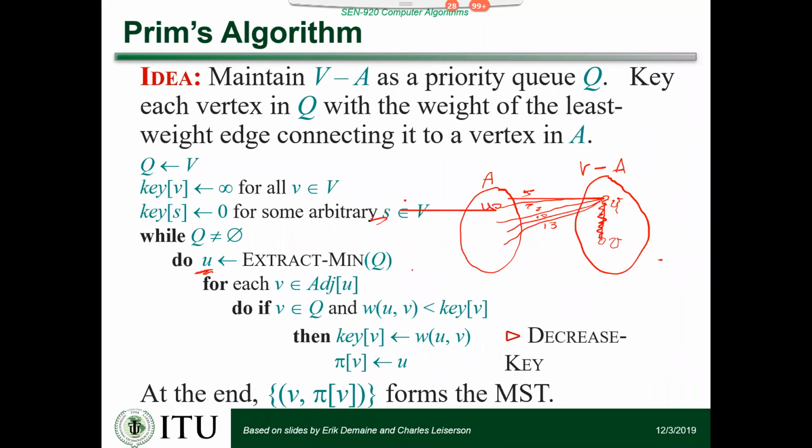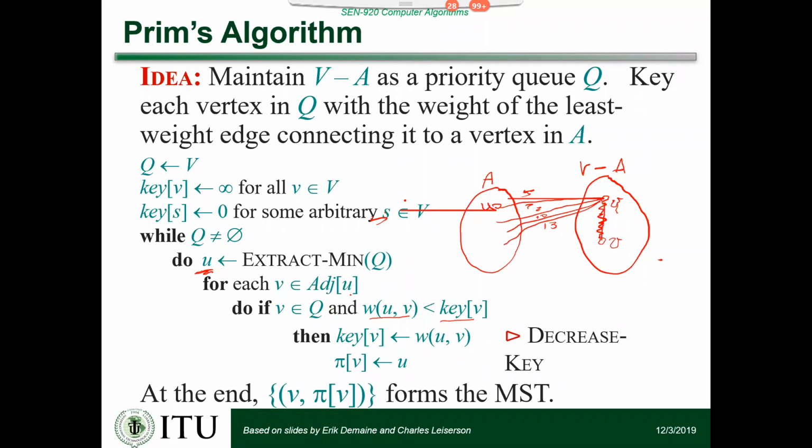So we're going to examine if the edge weight is smaller than the current key of this vertex V. If it is smaller, then we need to update the key of this V to be the edge weight of this new cross edge, and set the predecessor of V to be U. And then we do this for every neighbor of U that is still in V minus A.